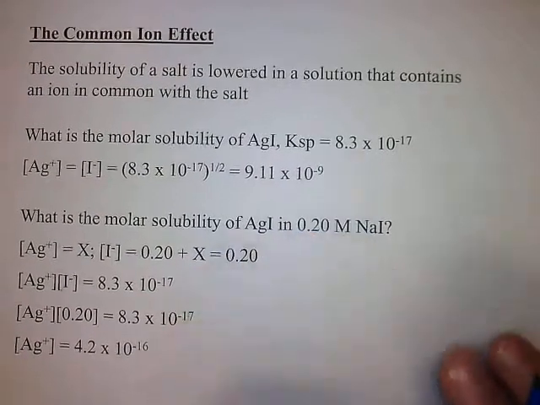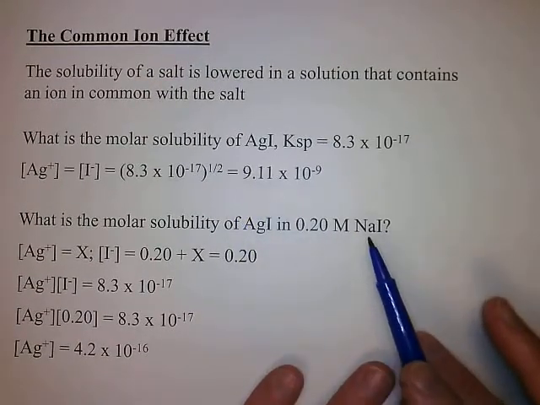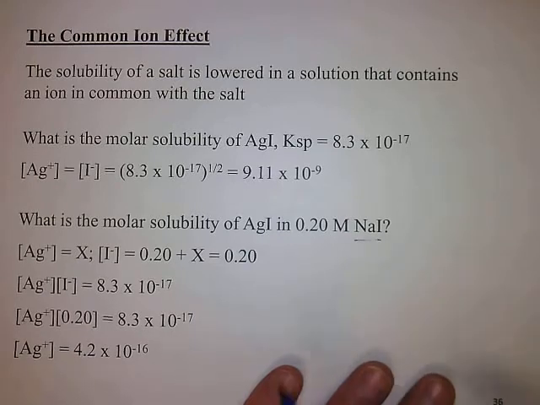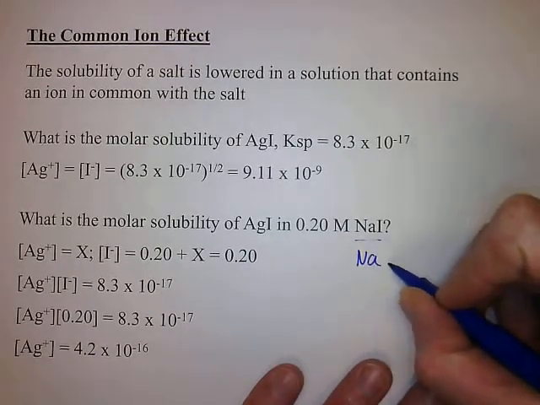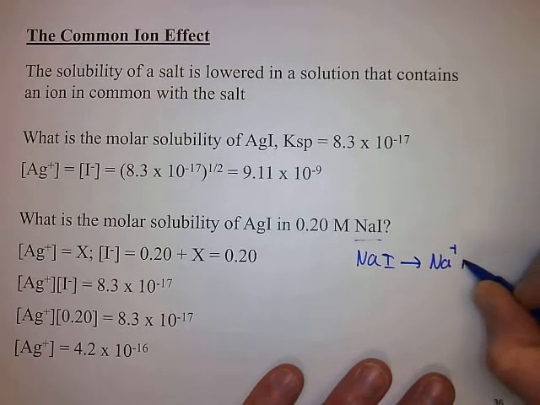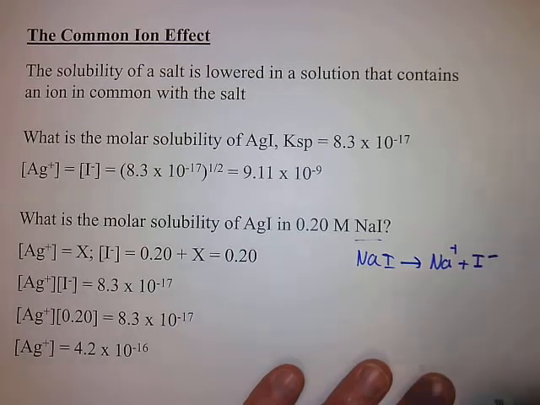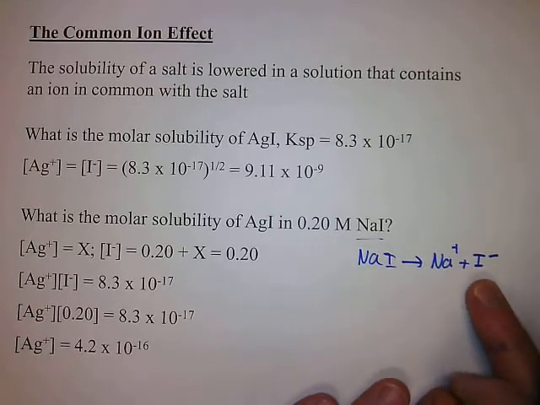Now, you see the problem. Well, first of all, let's think about this. Sodium iodide is soluble. So the sodium iodide is going to dissolve into sodium ion plus iodide. So what we're really saying here is the concentration of iodide is 0.2 molar. Okay.